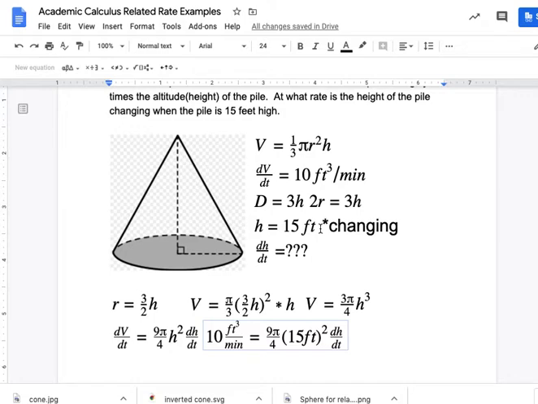So we can go ahead and do our arithmetic here. 15 squared, of course, is 225. 225 times 9 is going to give us 2,025 pi.